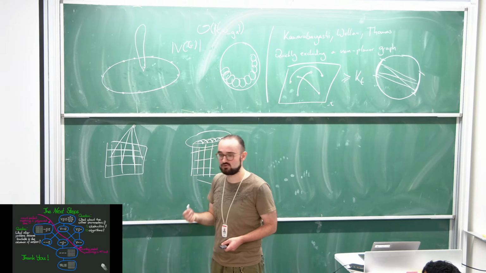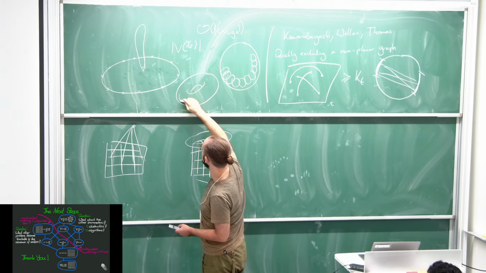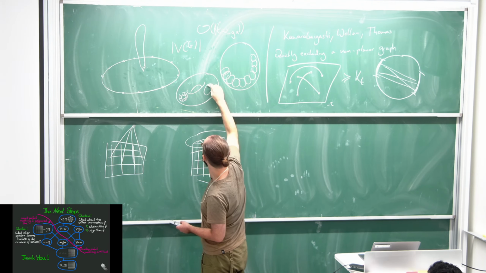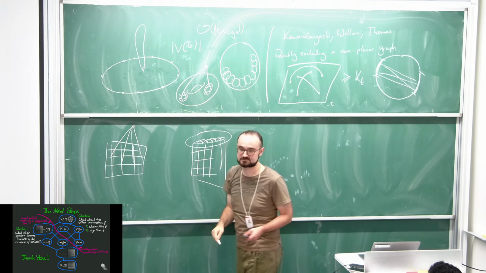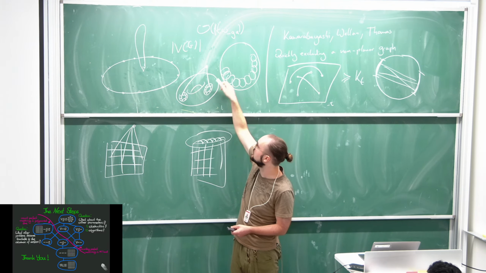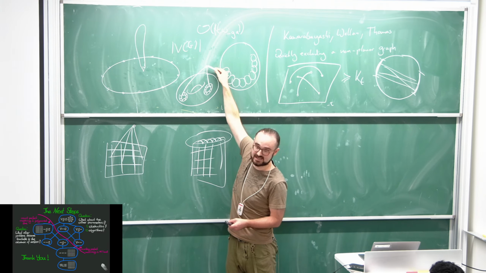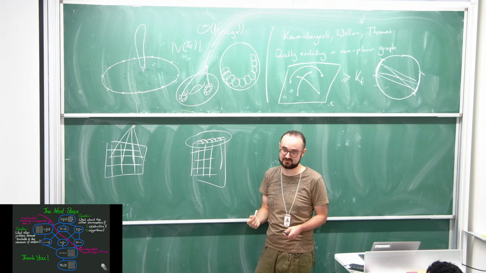So what could happen is that you get a bag that's embeddable on a torus with, let's say, 2 vortices, and your apex has neighbors in both of them. If you could reduce either the number of vortices or the neighborhoods of the apices to just one vortex, then you would reach this point. So far, there is no proof of this.